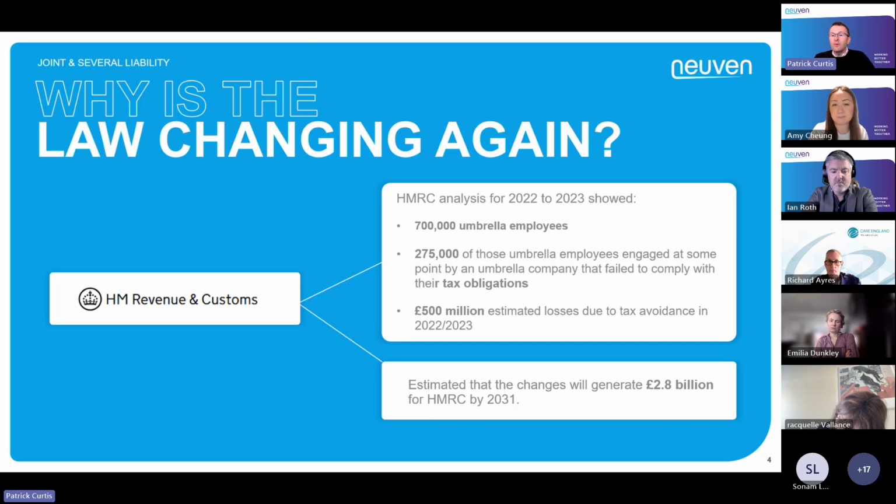That legislation will come into force on the 6th of April. As I say on the slide, HMRC estimates that it will generate an additional £2.8 billion in tax revenue between, well, actually it's backdated slightly, between last year and 2031.